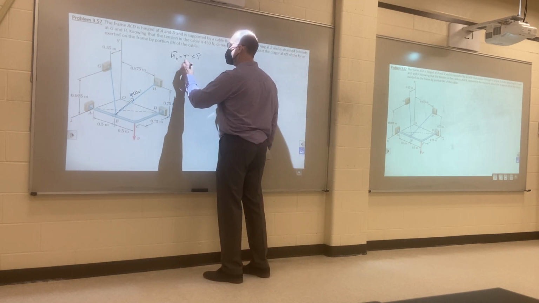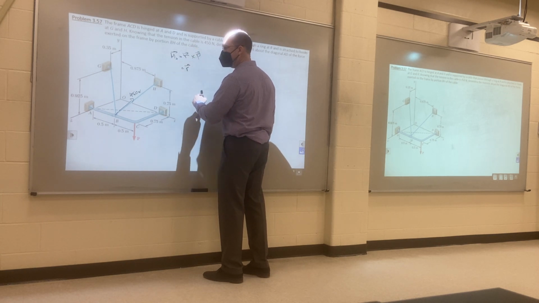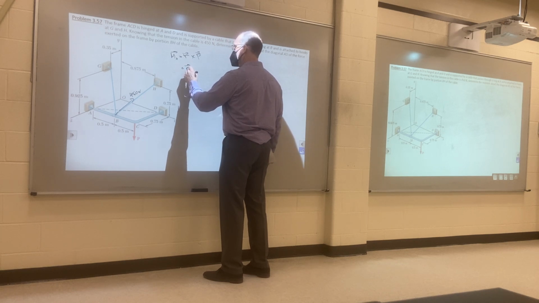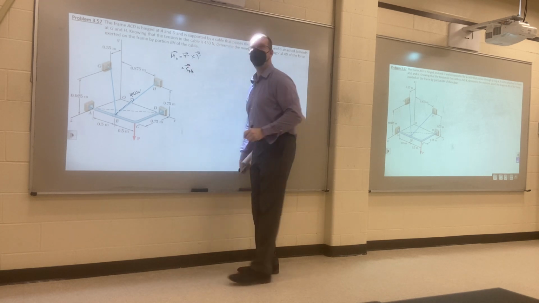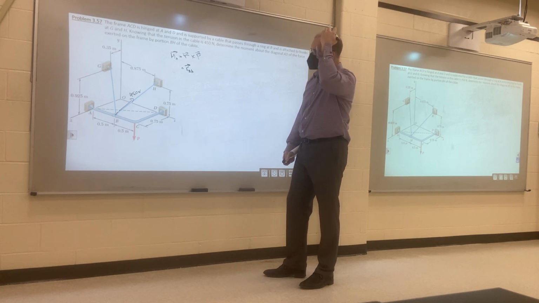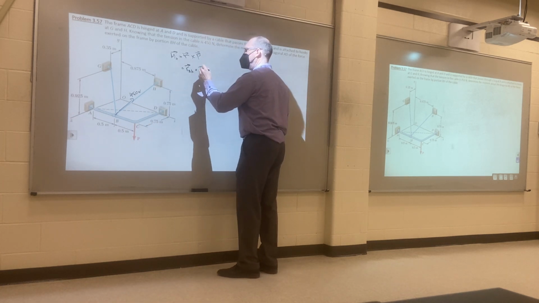R cross F, where R is the position vector. We're going to do it from A. You can do it from B if you want to. I'm not going to do it here from B, but you could. R_B with respect to A cross T_BH.